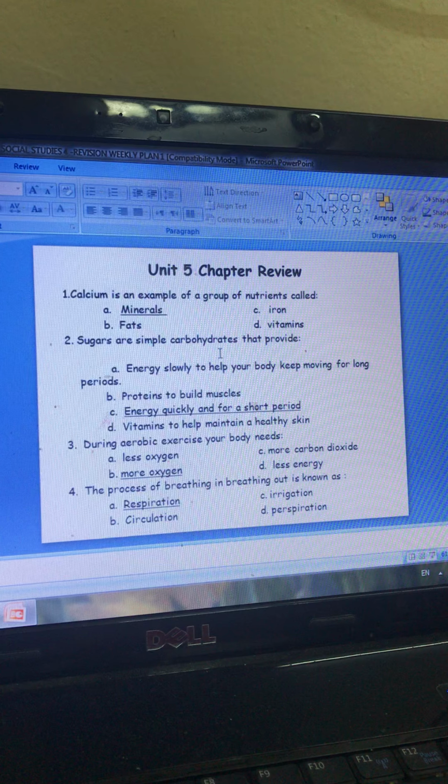Sugars are simple carbohydrates that provide energy quickly and for a short period. During aerobic exercise, your body needs more oxygen. The process of breathing out is known as respiration.